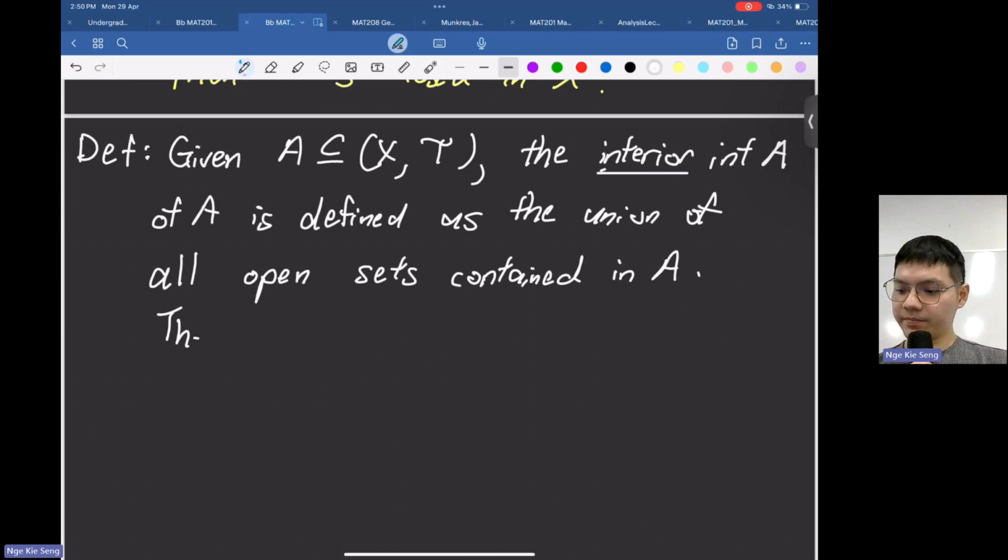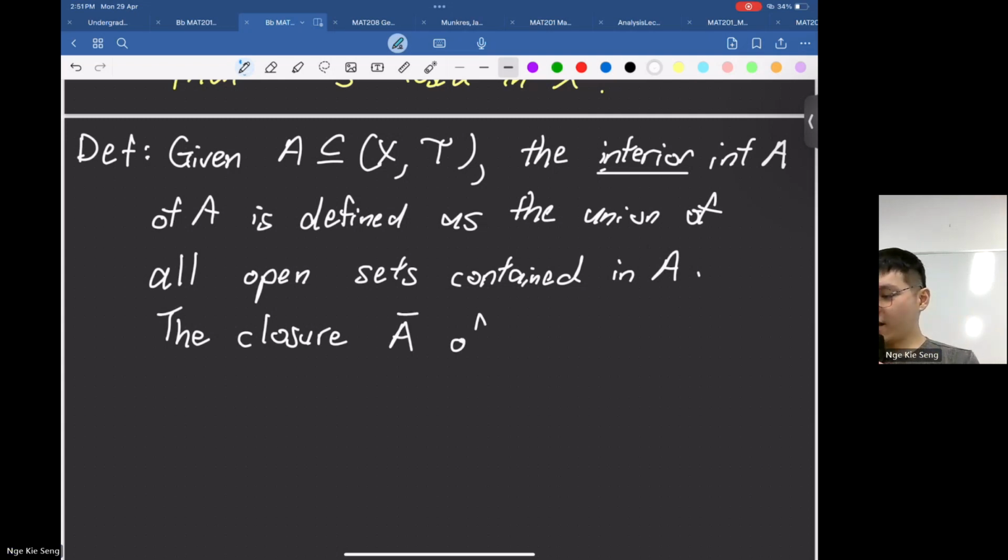How about the closure? Last time, how did we define the closure? The set A and its limit points. But we haven't defined limit points here.